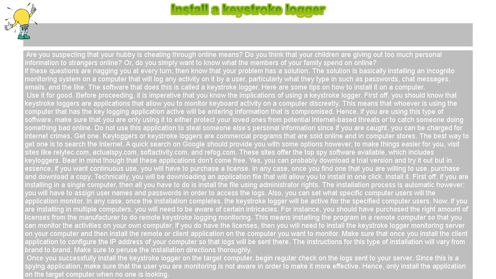Keyloggers or keystroke loggers are commercial programs that are sold online and in computer stores. The best way to get one is to search the internet. A quick search on Google should provide you with some options.